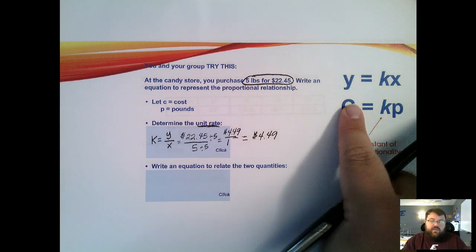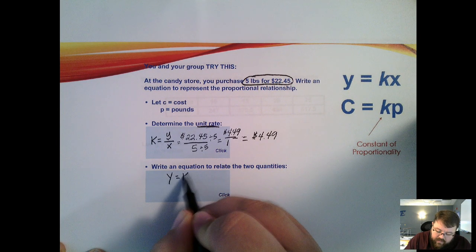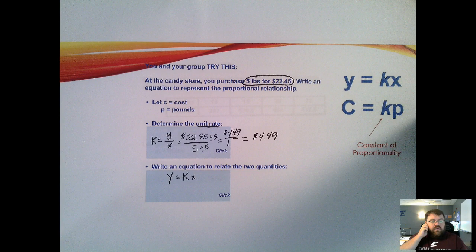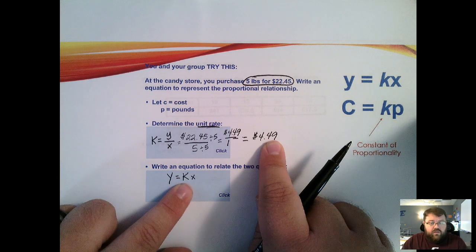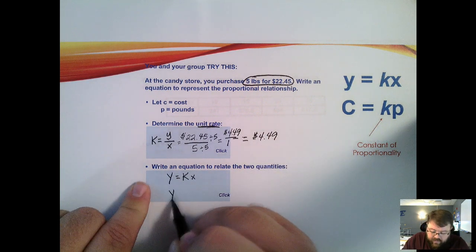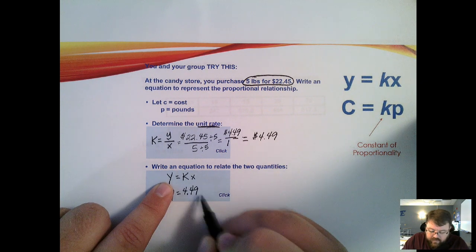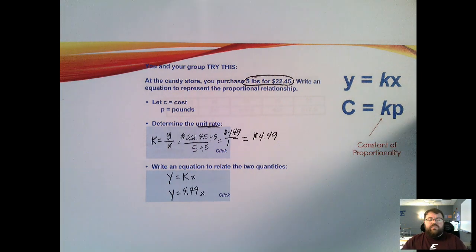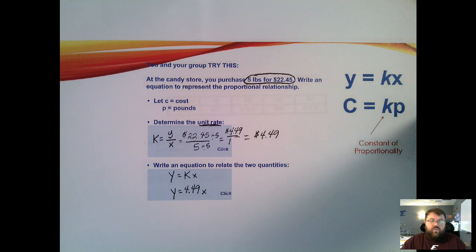Now, at the beginning of the lesson, I had you write down the equation, Y equals KX. So now we need to substitute the value of K into our equation. So Y equals $4.49 times X. Now, if you made it to this point, great, you're on track to meeting the standard, but we're not quite there.